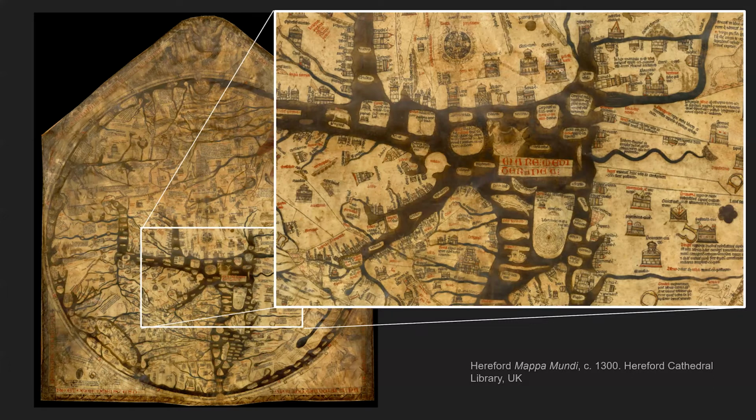And this is 1300, so this is post at least 2, potentially 3, depending on when it was happening, crusades to get to the Holy Land, get to Jerusalem. And so it makes sense that this is a Jerusalem-centered map, because the idea is that the world is ordered such that north and south don't matter, it's center and periphery.